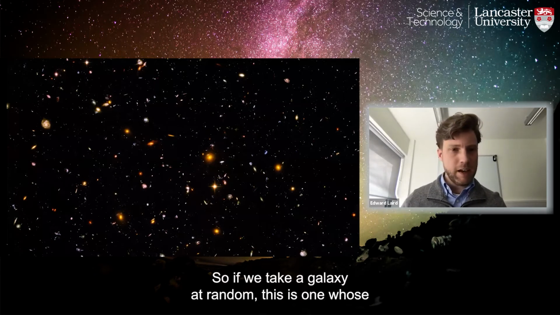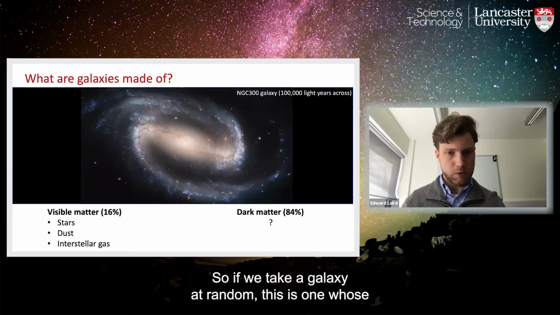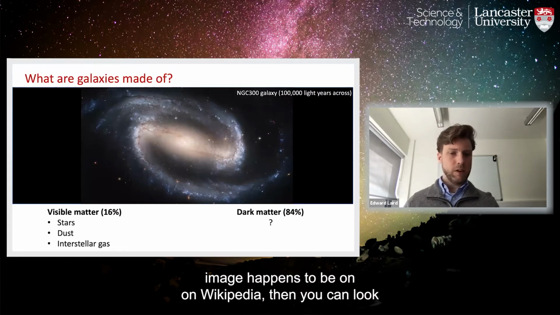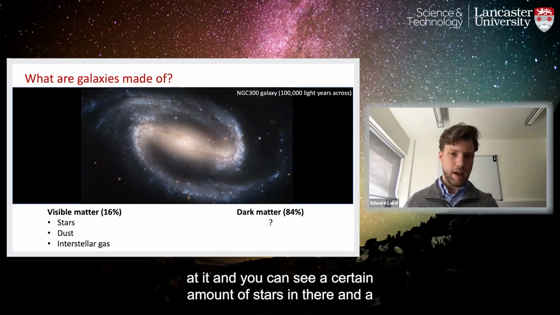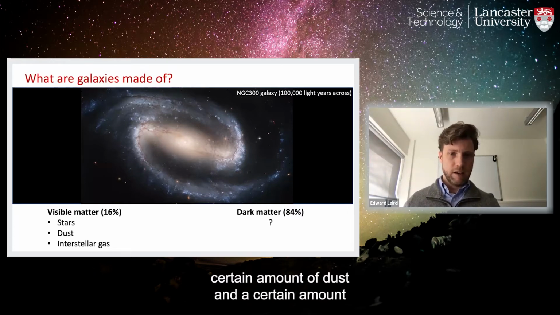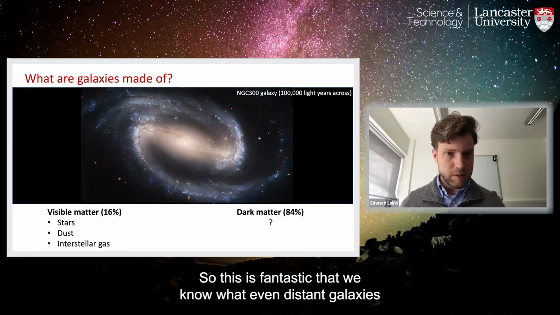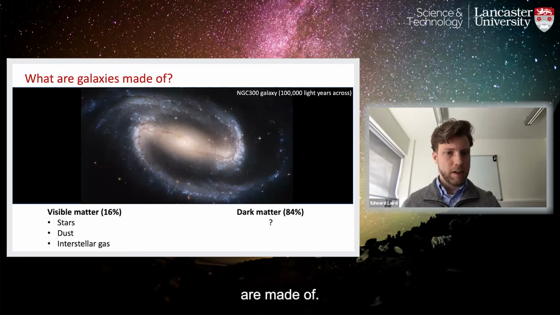If we take a galaxy at random, this is one whose image happens to be on Wikipedia, you can see there's a certain amount of stars in there, and a certain amount of dust, and a certain amount of interstellar gas. So this is fantastic, that we know what even distant galaxies are made of.